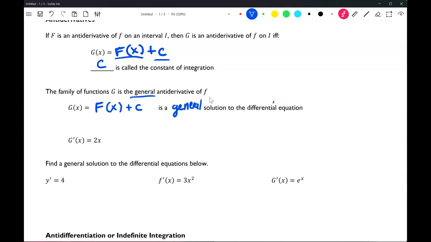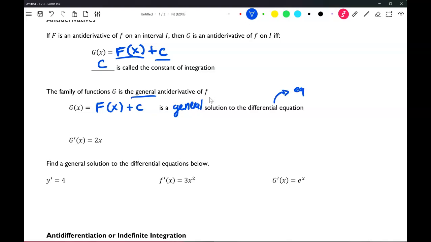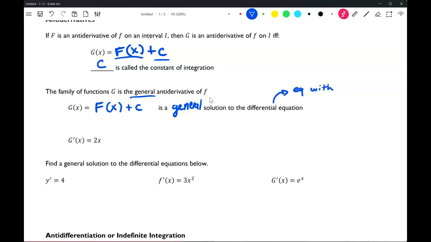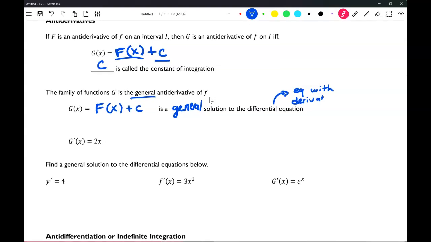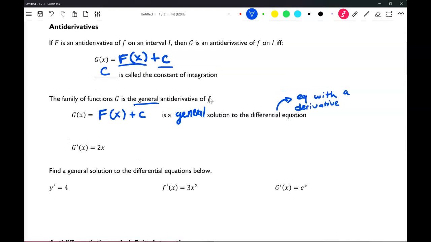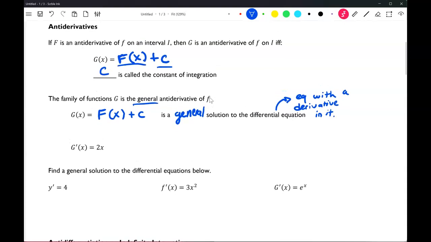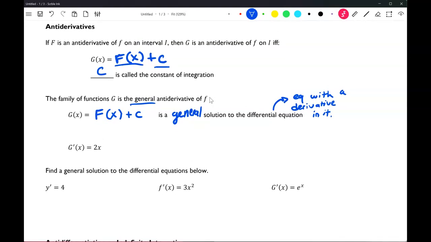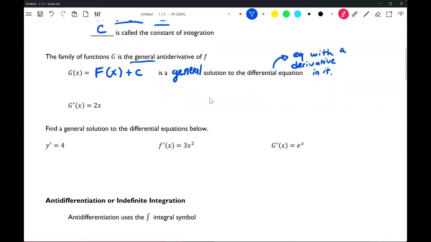And a differential equation is an equation with derivatives in it. We will be solving some differential equations this year, and depending on how much math you do, if you're into engineering or anything like that, you will most likely have to take a differential equations class, which is solving equations that have derivatives in them.